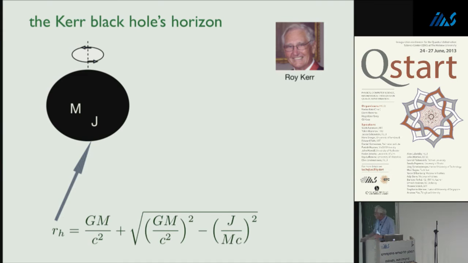G is Newton's constant, c the speed of light. To get an idea of the dimensions we're talking about, if the M and J were referring to the sun's angular momentum and mass, then this r_H would be about 3 kilometers, and the angular momentum would make a 10% difference in the radius.